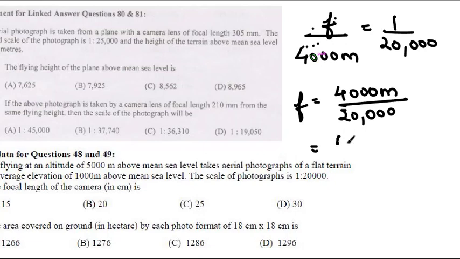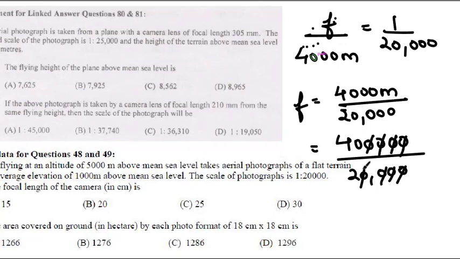So 4,000, two more zeros to convert into centimeter, divided by 20,000. So 40 divided by 2, so 20 centimeter is the focal length. I hope you are getting this.